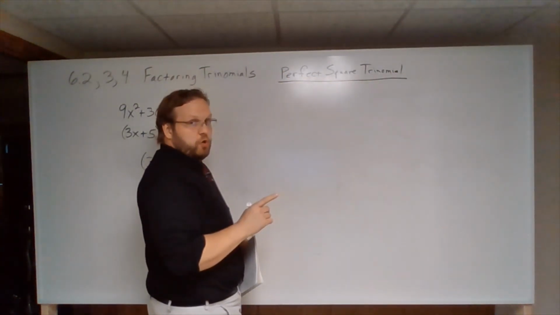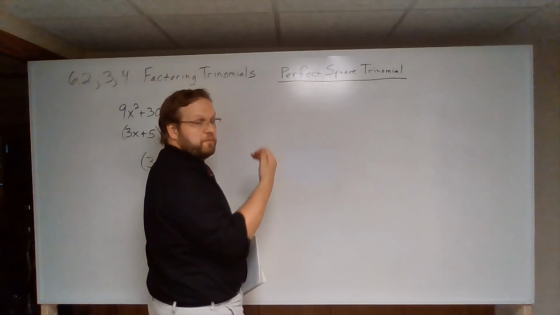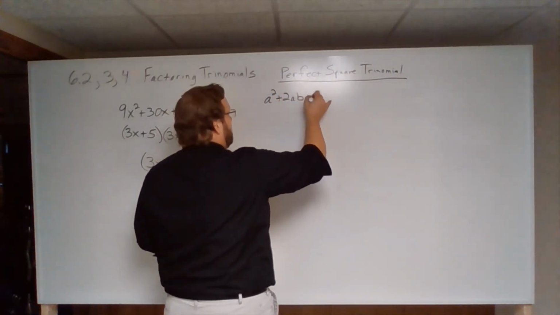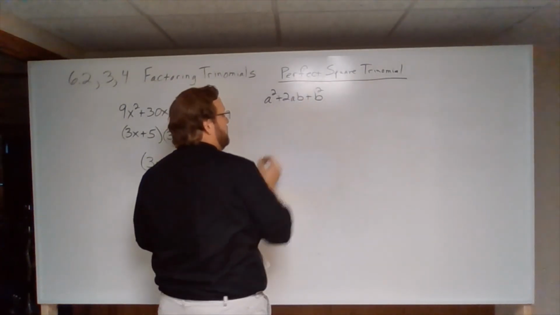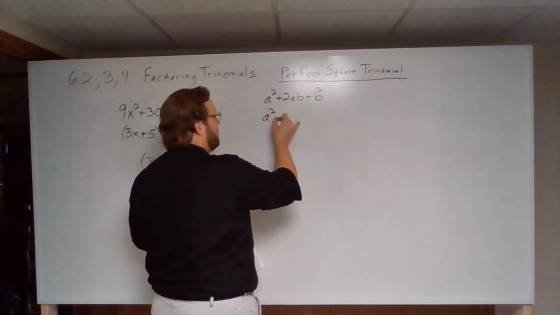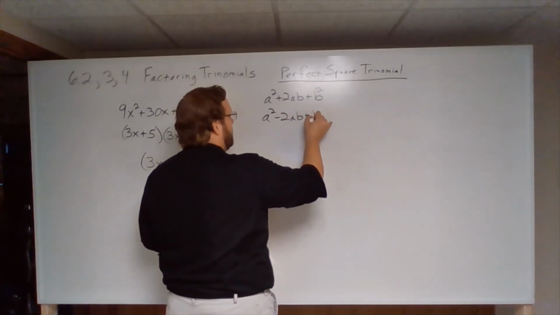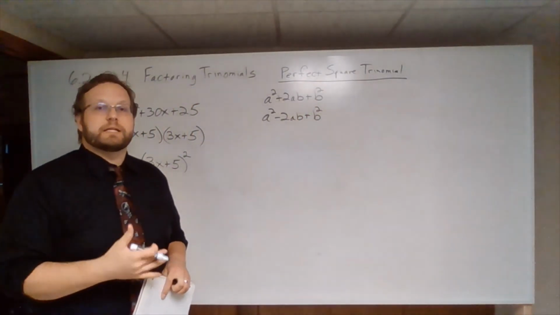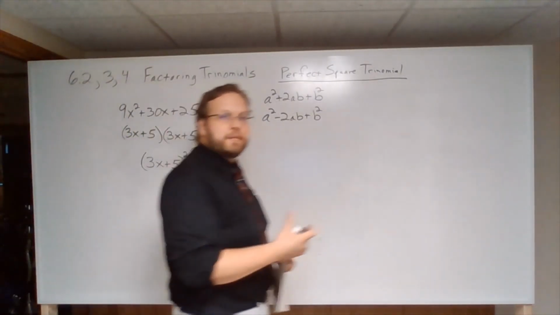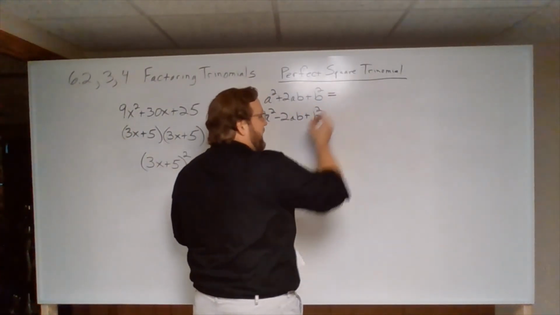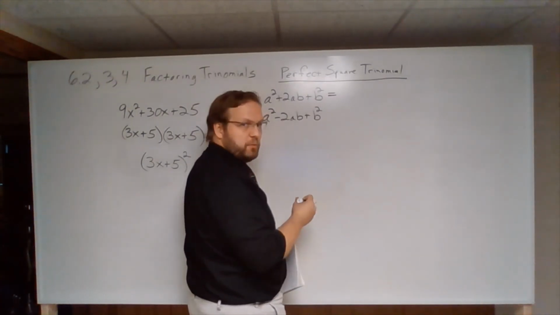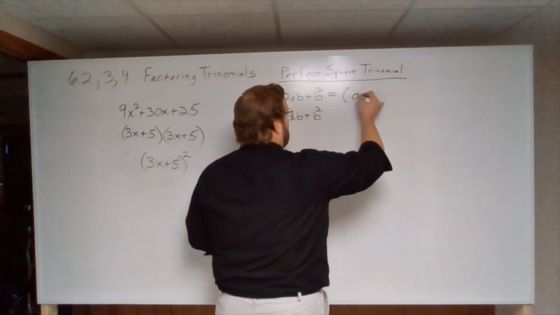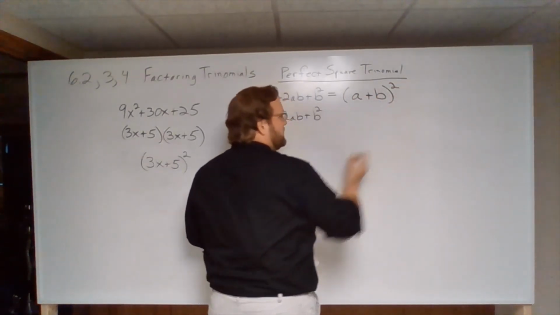a perfect square trinomial will come in one of 2 different forms. The first one is that, or that. Okay, that's the pattern we're trying to recognize within the trinomial. Okay, now when we have this pattern, we can automatically, without any guess and check, factor it like this.